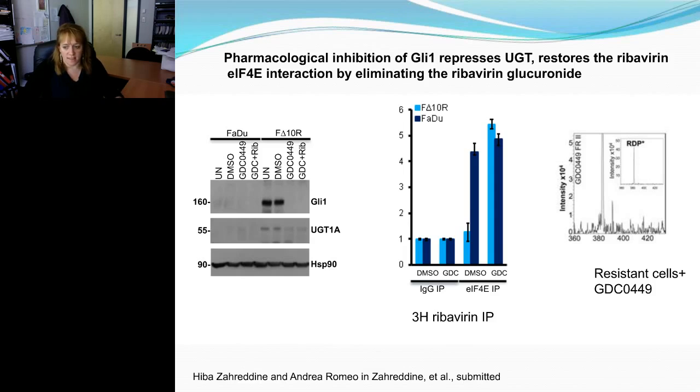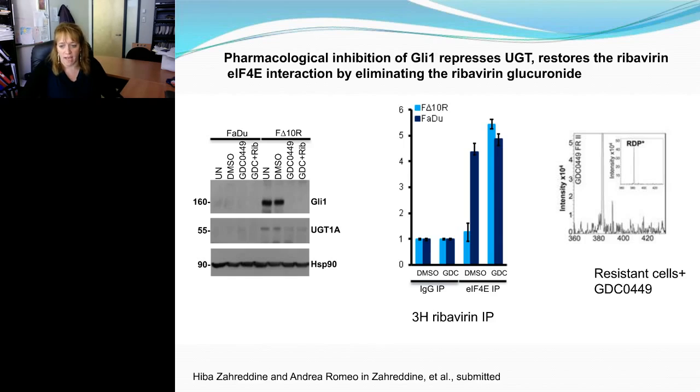And if we take these same cells and we check to see if 4E can bind the ribavirin, using our tritiated ribavirin IP technique, you can see in the DMSO controls that the resistant cells don't bind. 4E does not bind ribavirin, and the parental cells do. However, in the cells that have been treated with GDC, now you've restored the ability of 4E to bind ribavirin.